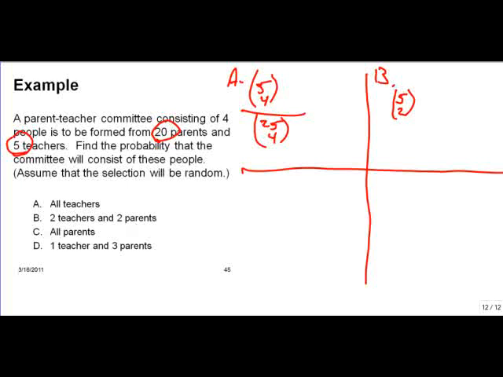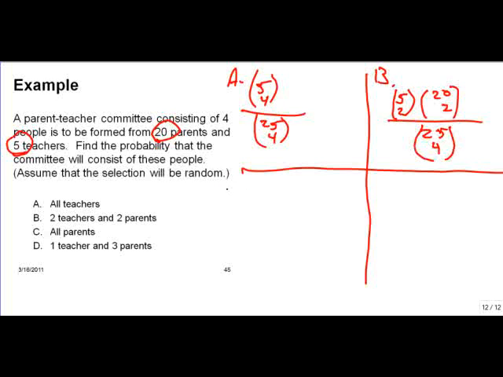How many do we want? 2. Does it matter how we get them? No, so order does not matter. So there is 20 choose 2 ways to do that. Divided by all possible outcomes. Again, the pool of people is 25, so there's 25 choose 4 ways to do that.